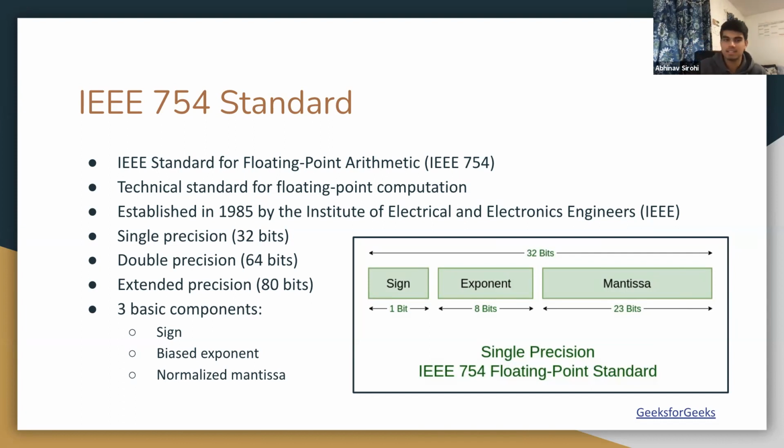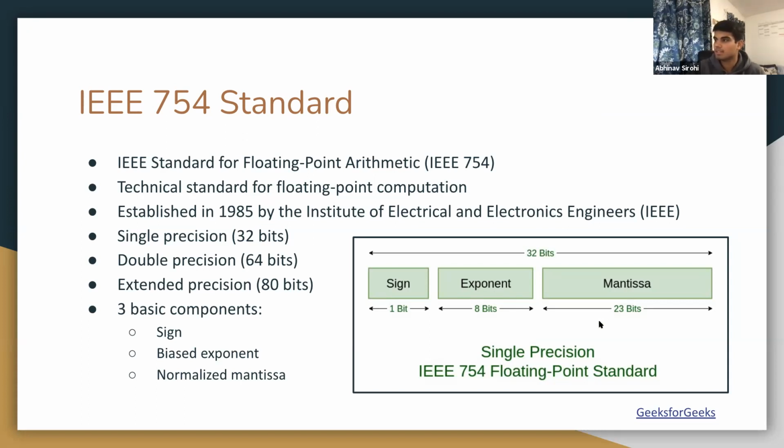And the mantissa is just the part after the decimal point. And so that's represented here. And so with 32 bits, 1 bit is assigned to the sign, and actually 1 bit is assigned to the sign in either case because it's either positive or negative. And then 8 bits are assigned to the exponent, and 23 bits are assigned to the mantissa.